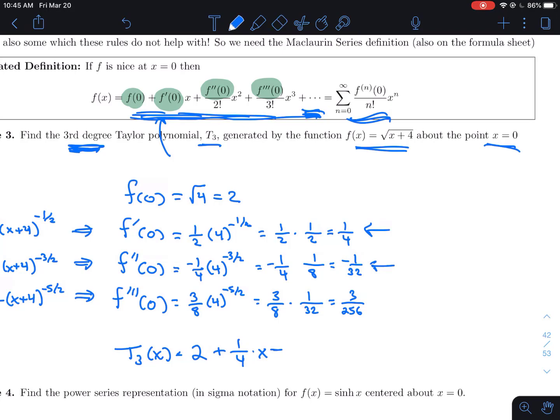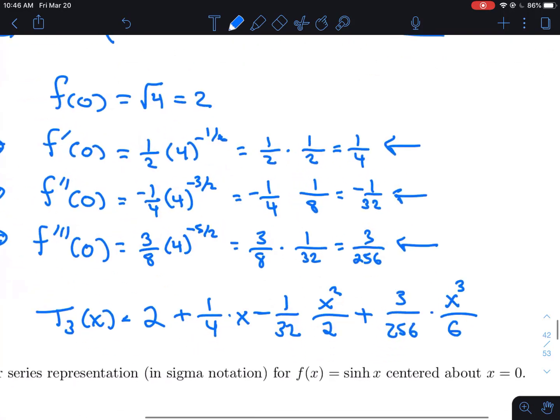Let's go ahead, negative 1/32. And we need to have x squared, and we need to divide that by 2 factorial. So 2 factorial is the same thing as 2. And finally, the third degree bit, so our third derivative, 3 divided by 256 times x cubed, and we divide that by 3 factorial. So 3 times 2 times 1, that's going to be 6 here.